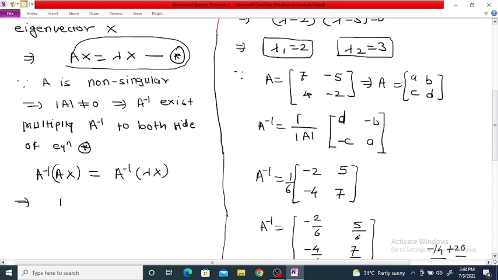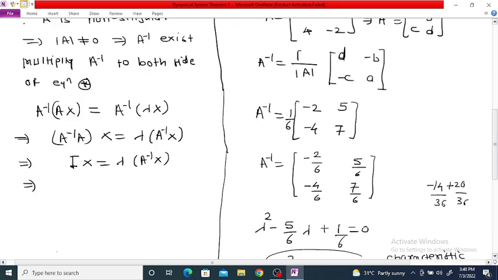We can write this as A inverse A into x is equal to, since lambda is a constant value, take it outside the vector multiplication, lambda A inverse x. But what is A inverse into A? It is equal to the identity matrix. So this implies, but what is the identity matrix I into x? It is equal to x, since it is an identity matrix. So x is equal to lambda A inverse x.